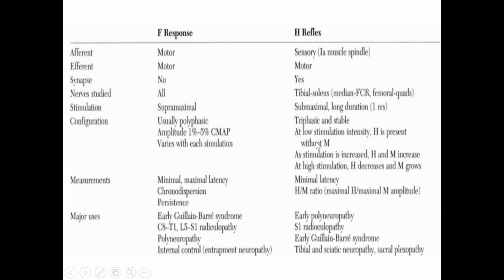At low stimulus intensity, H is present without M. As the stimulation increases, H is there and M is there, and at high stimulation, H decreases and M is maximum. It can be affected in early polyneuropathies, S1 radiculopathies, GBS, and sciatic and tibial neuropathies.